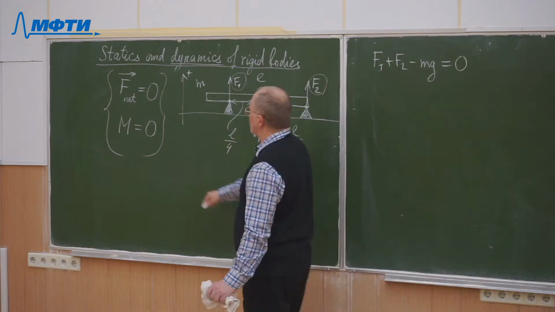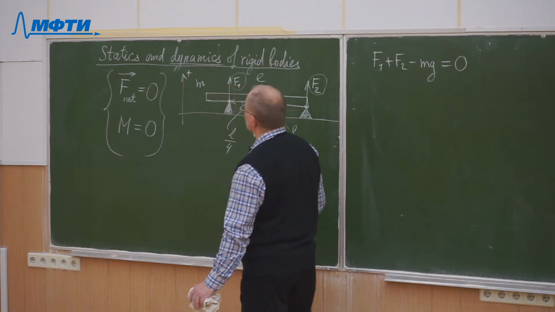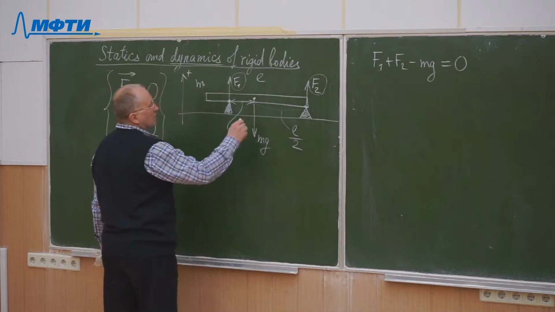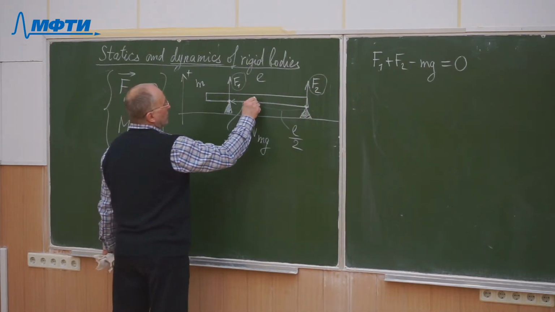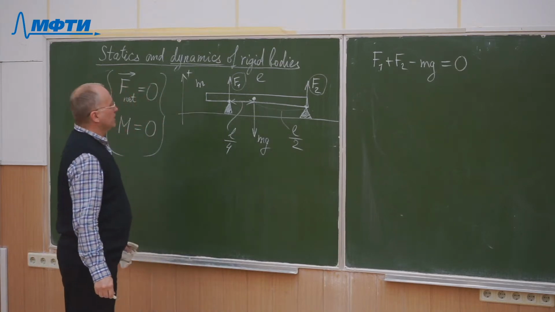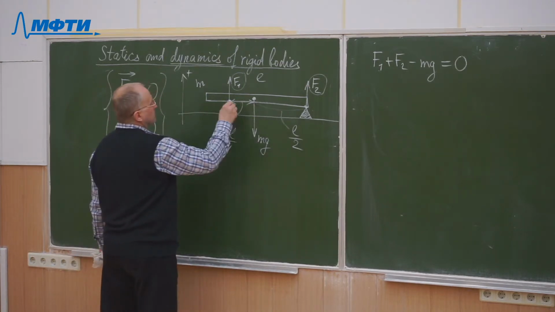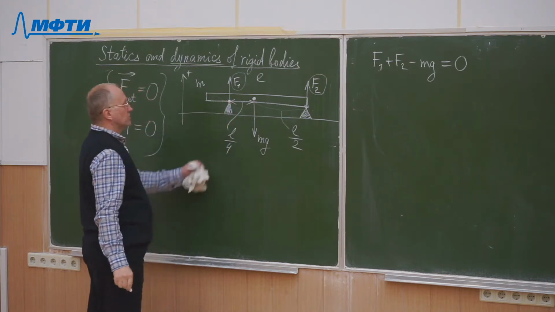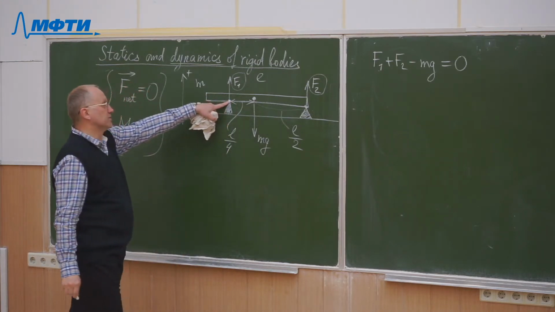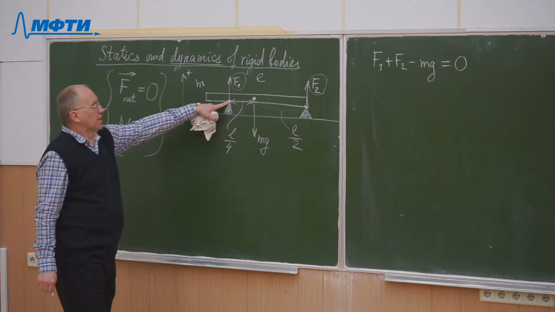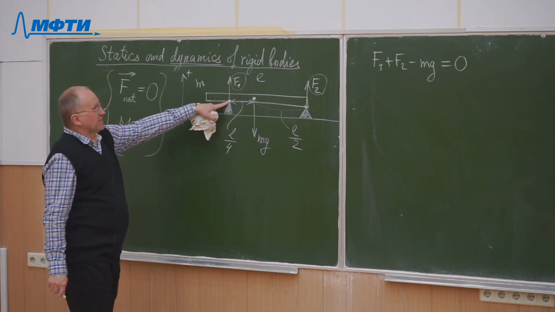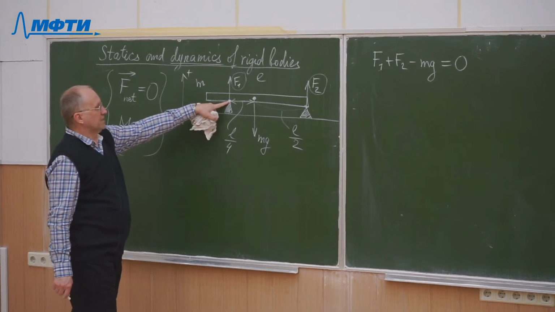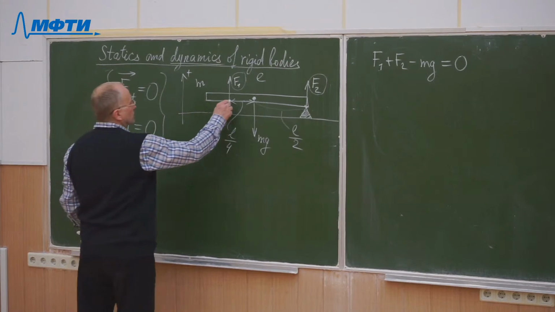And another condition is the total torque acting on the bar. It's convenient to calculate the torque with respect to the center of mass. You can choose any point of rotation. For example, we may assume that the bar is rotating or tends to rotate about this point. Okay, let's do it so.